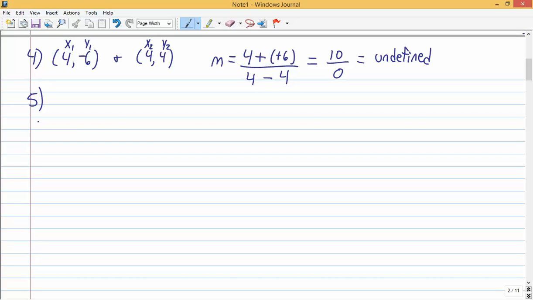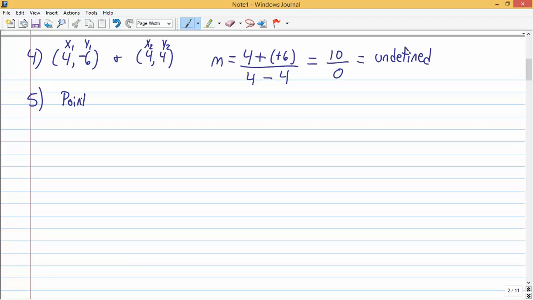Alright, problem number 5. It's very important on problems number 5 and 6 that you look at the directions. Problem number 5 says use the given conditions to write an equation for the line in point-slope form. So we want our final answer in point-slope form.